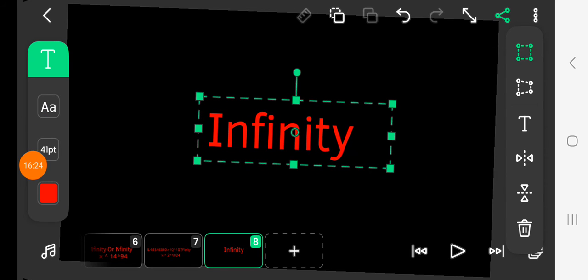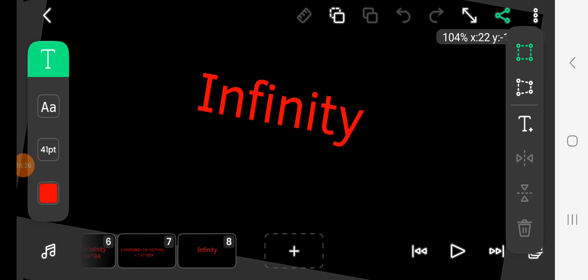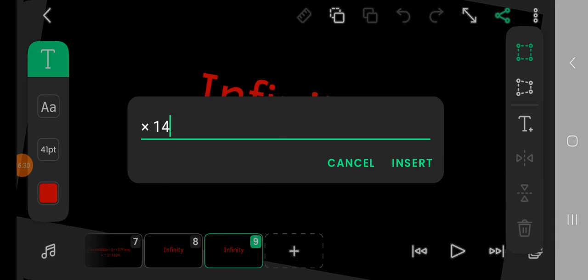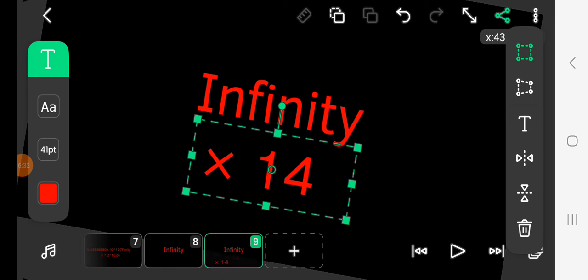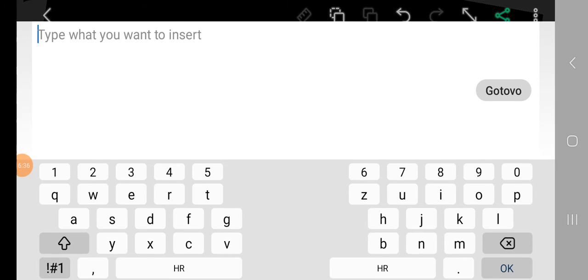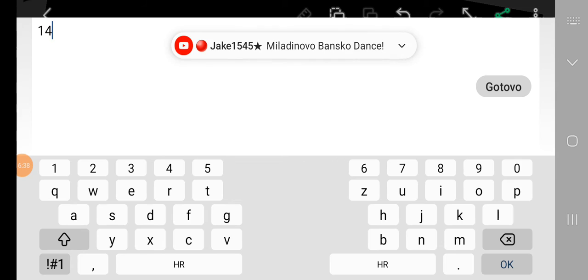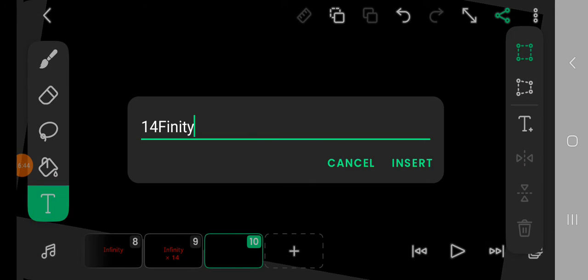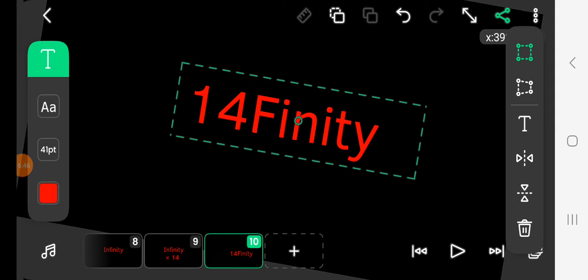But if we multiply infinity by 14, that must give us 14 infinity, I think. That should give us 14 infinity, I think, right?